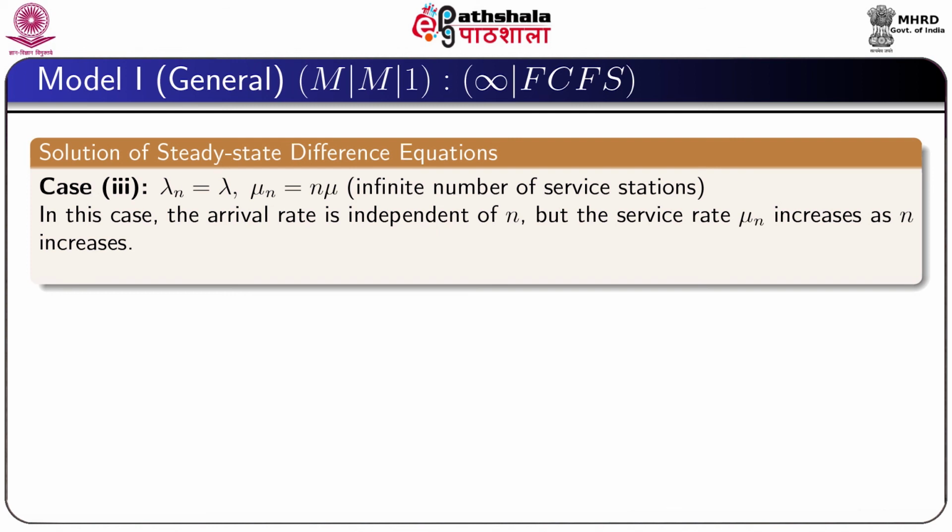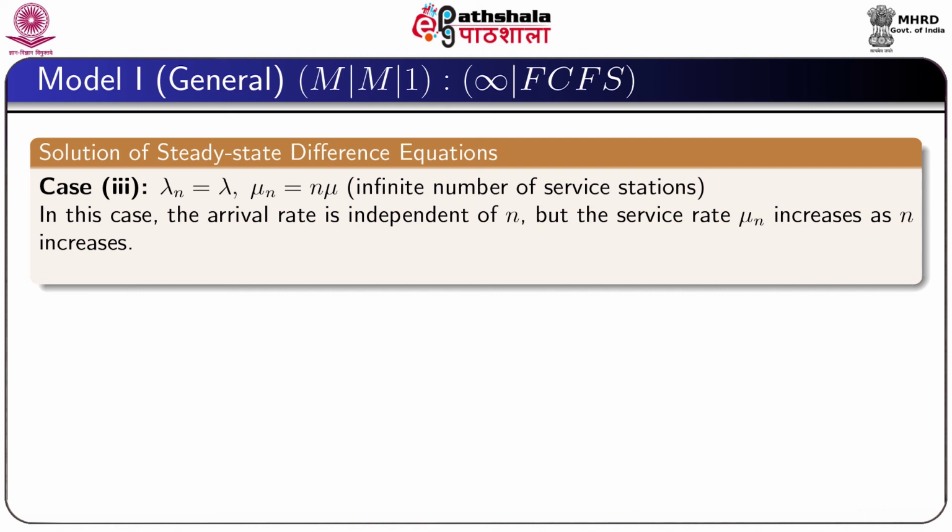Here we assume that there are infinite number of service stations. The word infinite means that the service stations are available for each arrival, but it does not mean that all the infinite service stations will remain busy every time. It actually means if n customers arrive, then n service stations will be available for all n equal to 0, 1 to infinity.